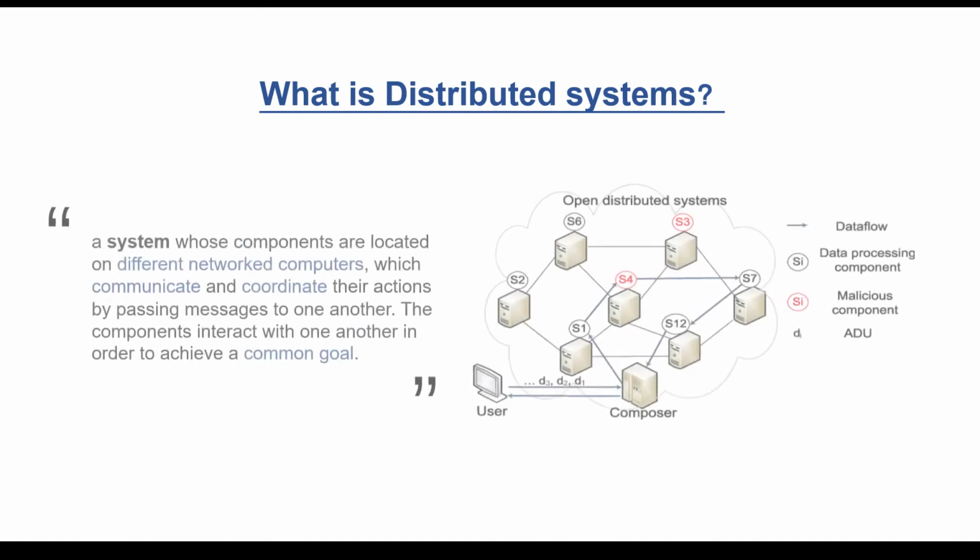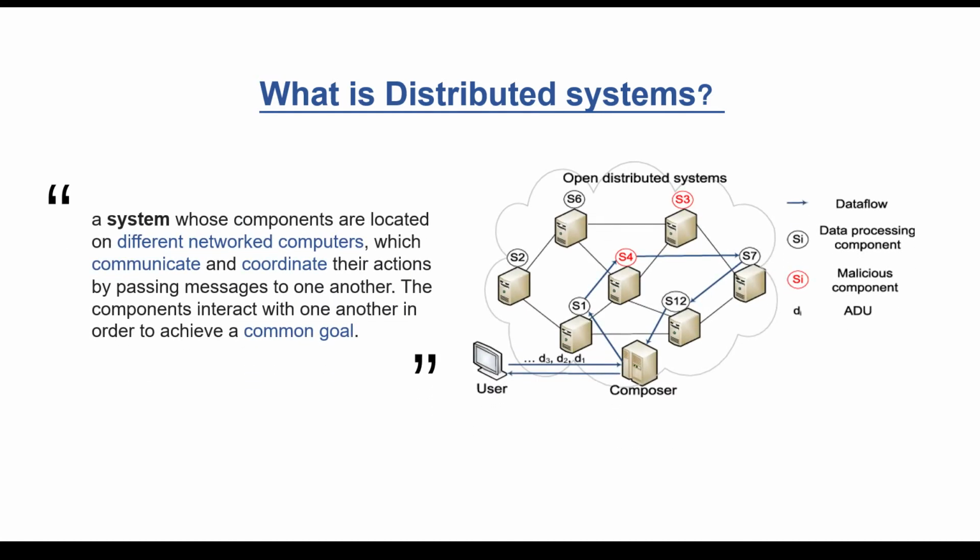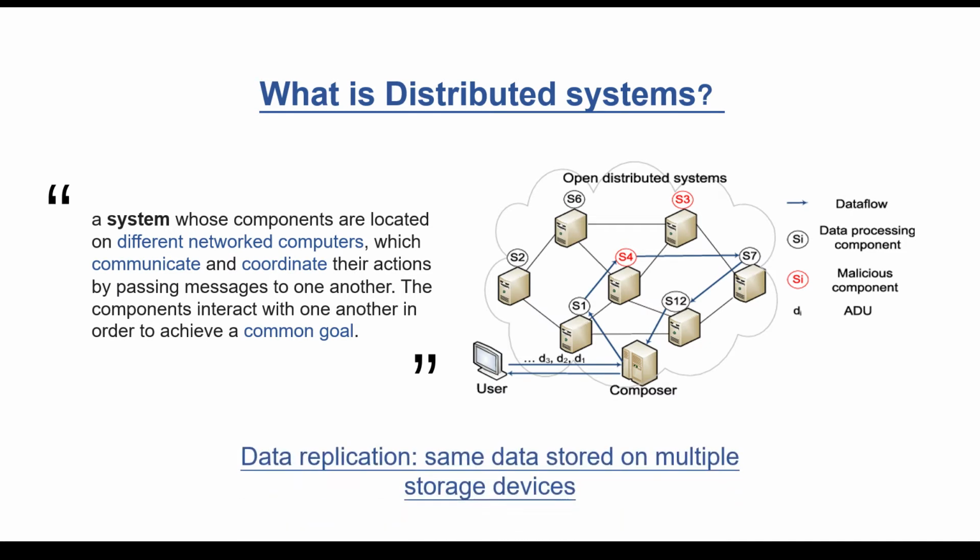First, let's talk about what distributed systems are. It is a system whose components are located on different networked computers, and they communicate and coordinate with each other for a common goal, such as processing the same big problem. That means we need data replication.